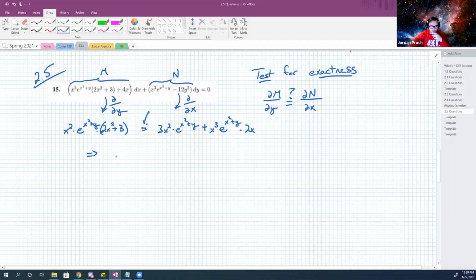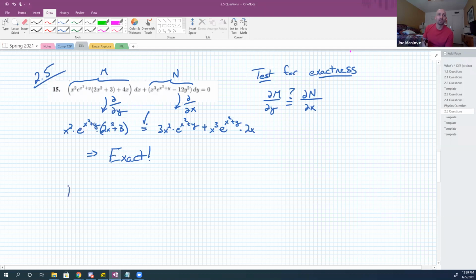We should integrate one of them, with respect to whatever, integrate the easiest one, and then we can find a constant with respect to the opposite variable that we integrated. Yep, exactly. So I have my n looks like the easier one.